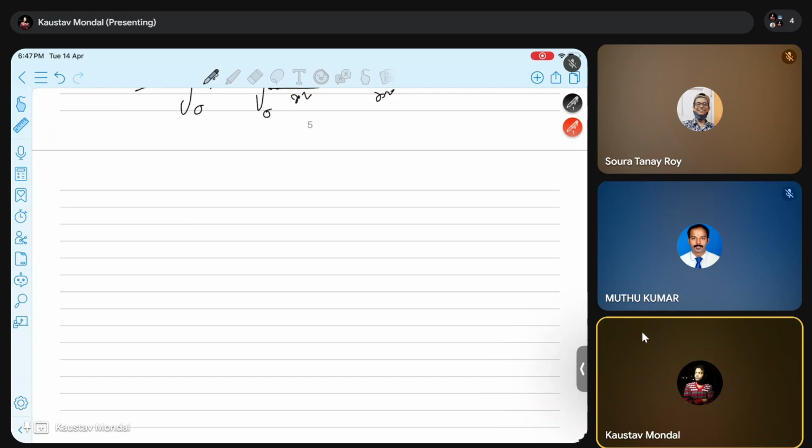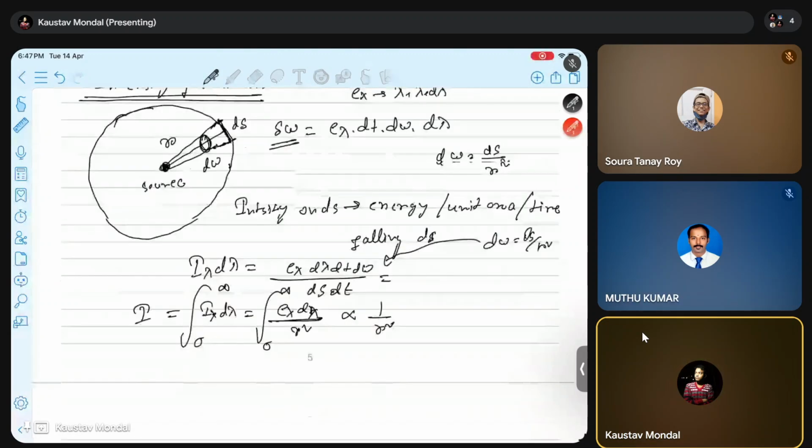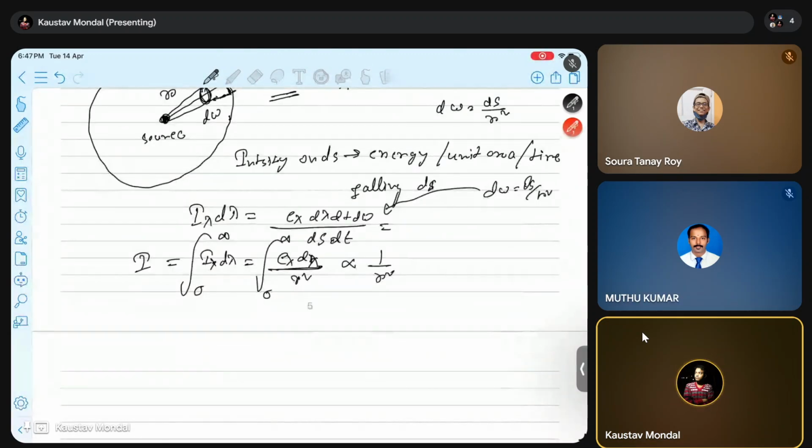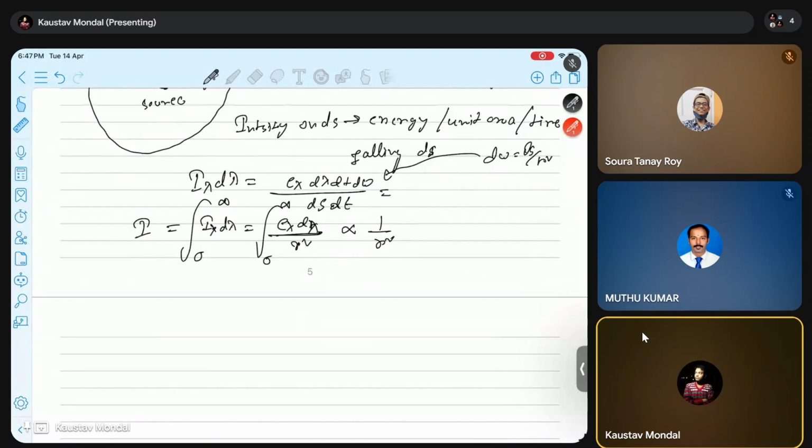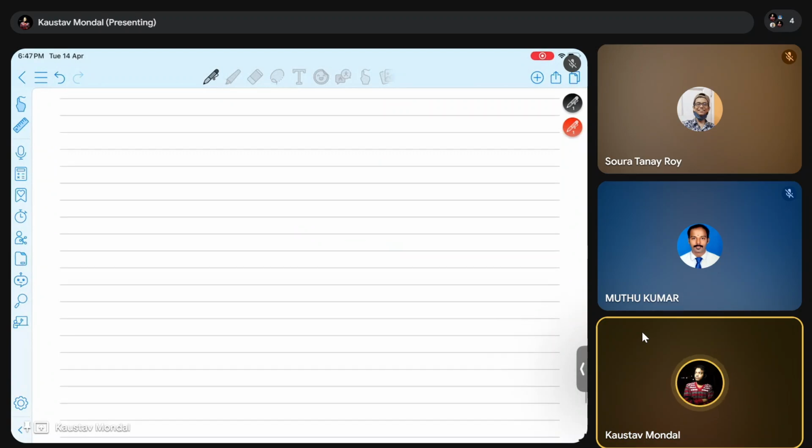Next is the energy density. First you calculate the intensity, next is the energy density. What is the energy density? In order to calculate the energy density, you have to calculate the amount of radiation that is falling on a unit surface area per second.